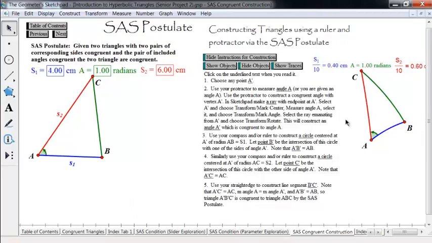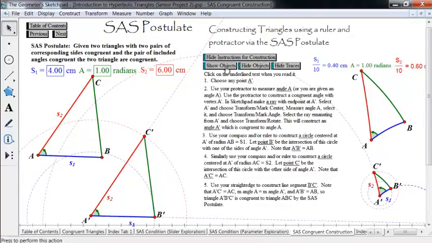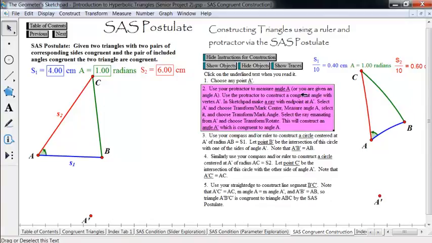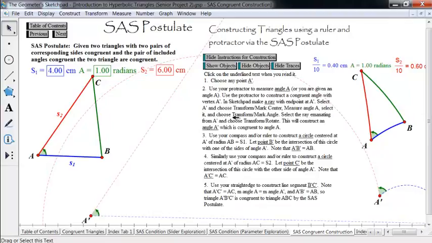Okay, and then this goes through the derivation of how you construct it. Basically what I had on my other one here, it goes over how you can go about the construction, and you can go through here step by step: pick a point, specify an angle, use your protractor to measure angle A, and then make a ray, and then rotate to find an angle A prime.